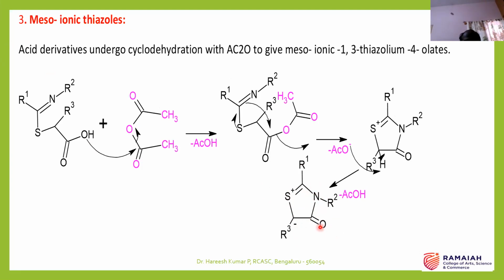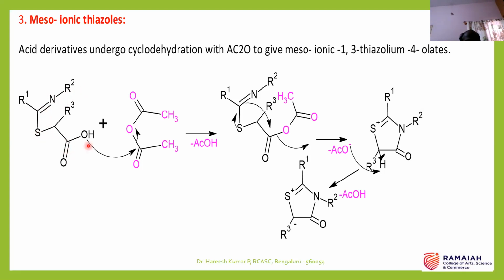So how can this be prepared? You know that in a compound C double bond N, if R2 is equal to OH, then it is called oxime. If R2 is equal to N, it's called hydrazone. Okay, so then what will happen?